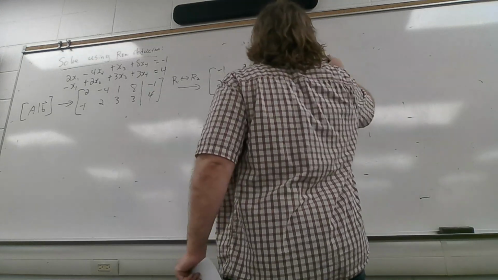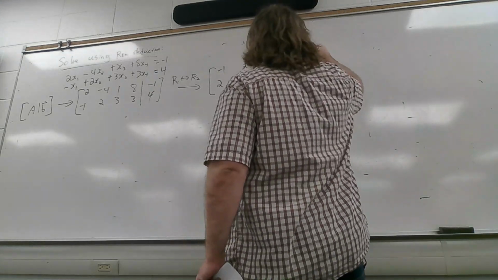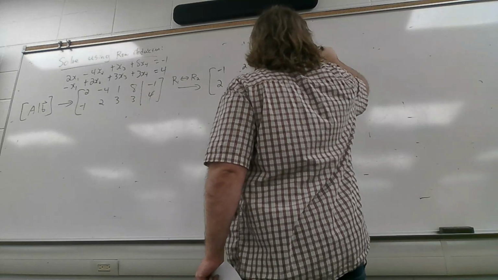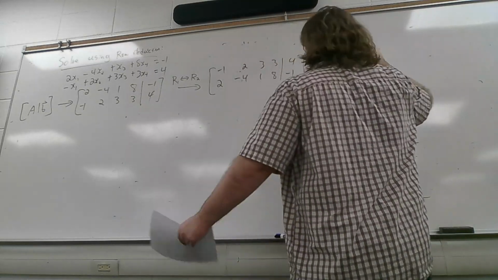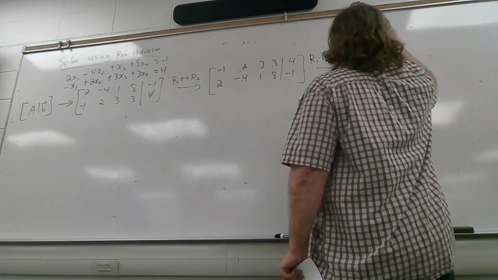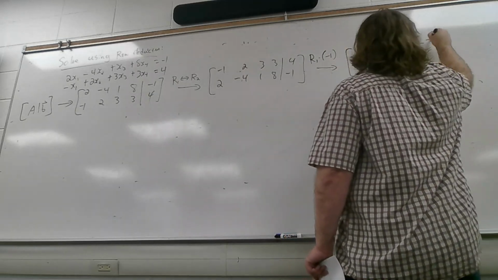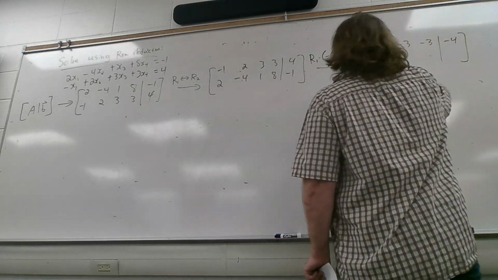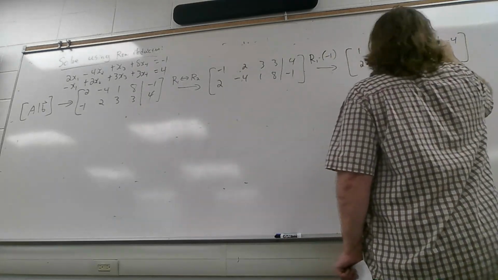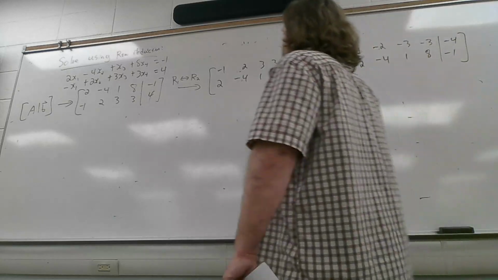Now let's multiply this by minus 1 times minus 1, just to turn that into a plus 1, because we're going to need to do that in the end anyway. 2, minus 4, 1, 8, minus 1.